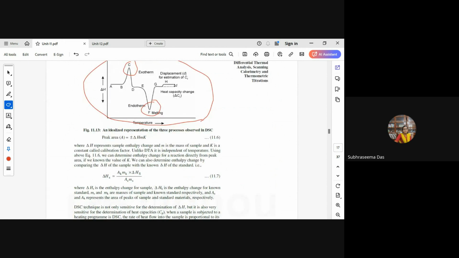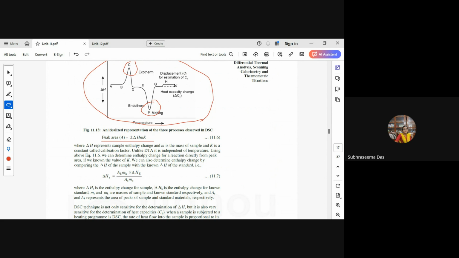The peak area is calculated using the equation A is equal to plus or minus delta H m k, where delta H represents the enthalpy change, m is the mass of the sample, and k is the calibration factor. But in DSC, the calibration factor is dependent on temperature, unlike DTA, where it is independent of temperature.